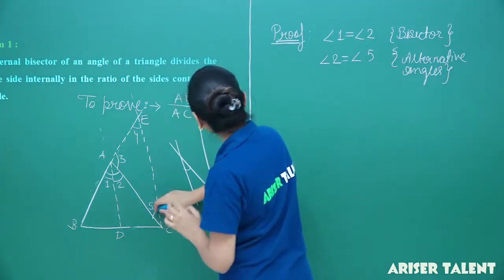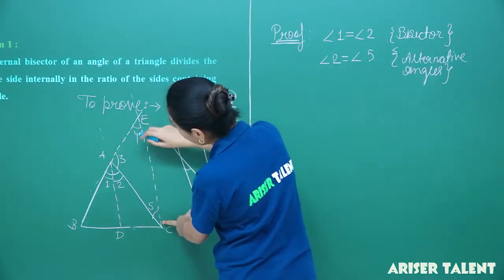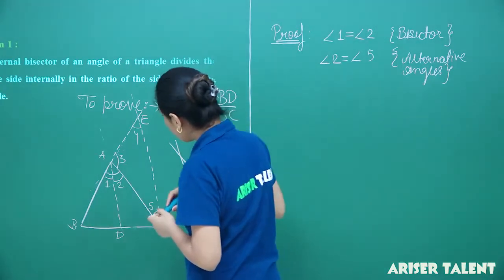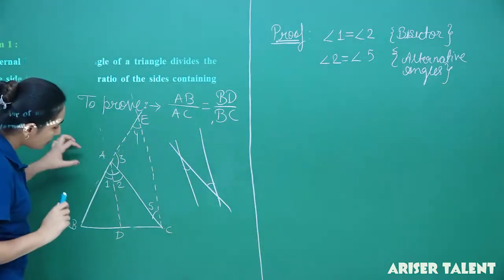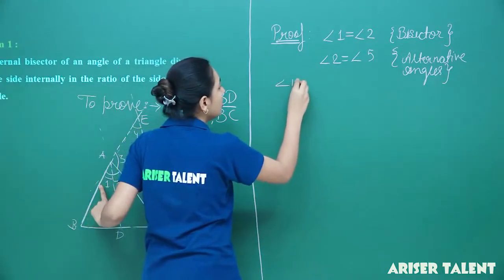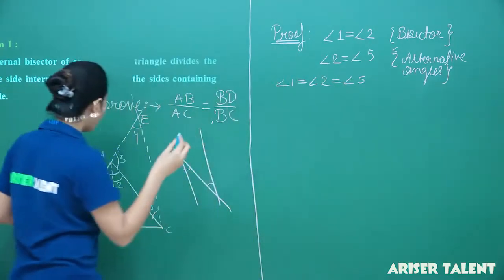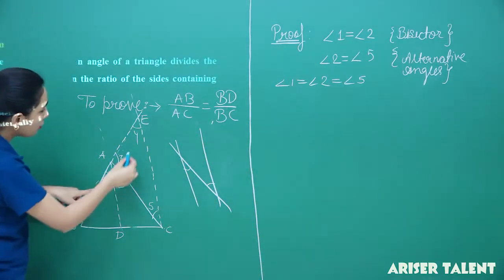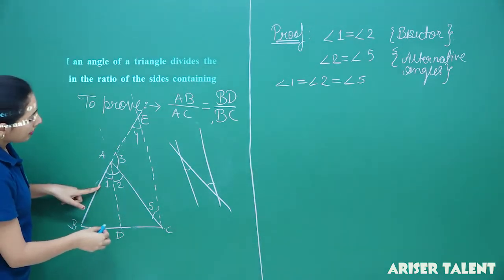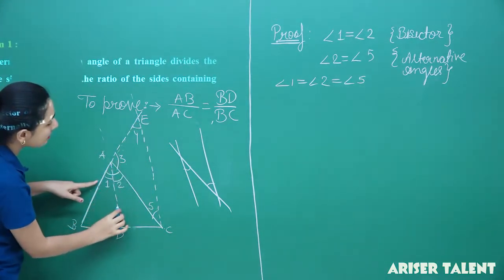Now, this angle is 5 and this angle is 3 and 4. Now, we have to look at which angles are again equal in this figure. So, we can write here 1 equals 2 equals angle 5. Now, talking about angle 4, angle 4 is here and angle 1 is here.